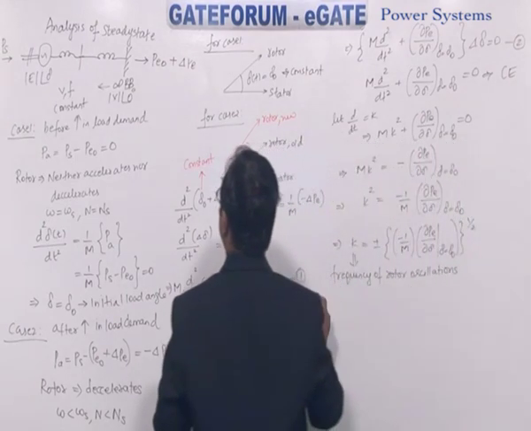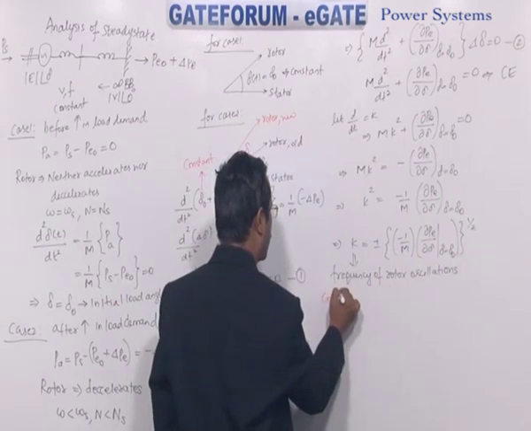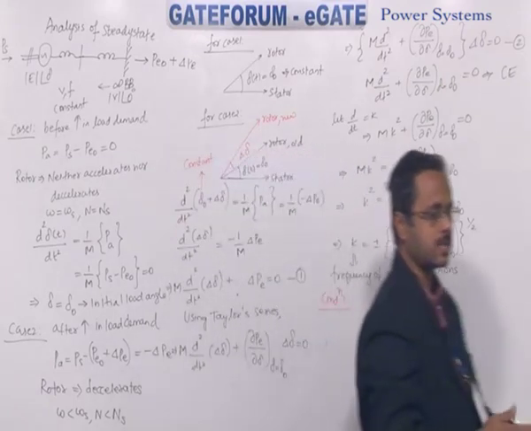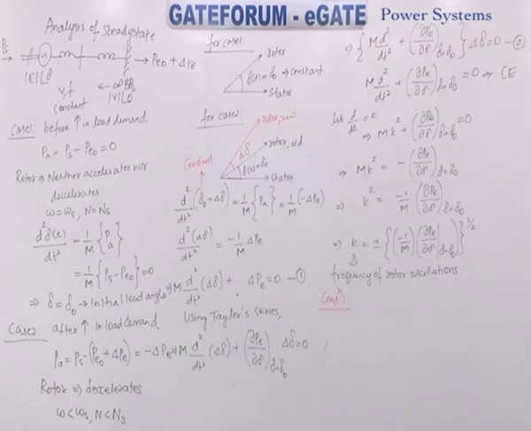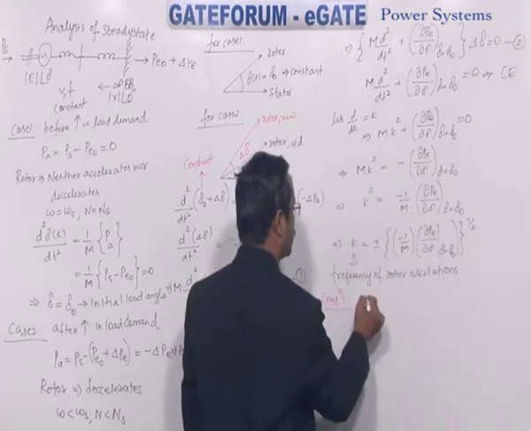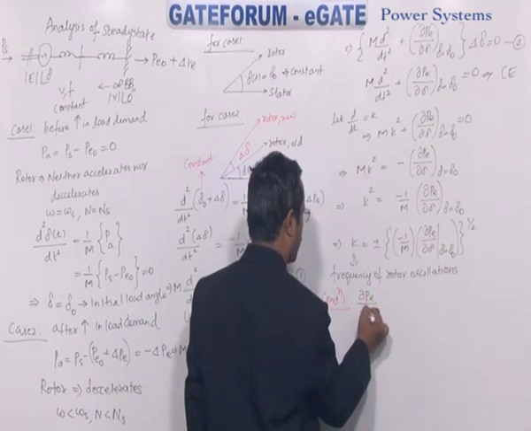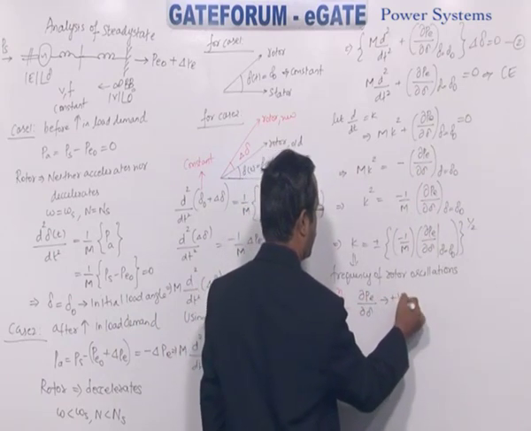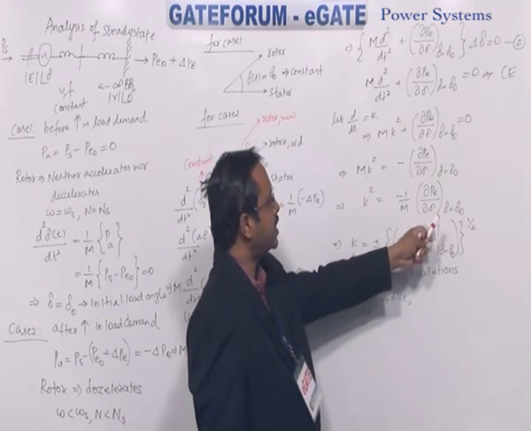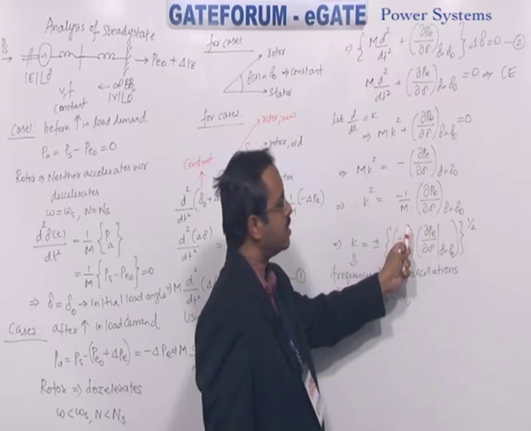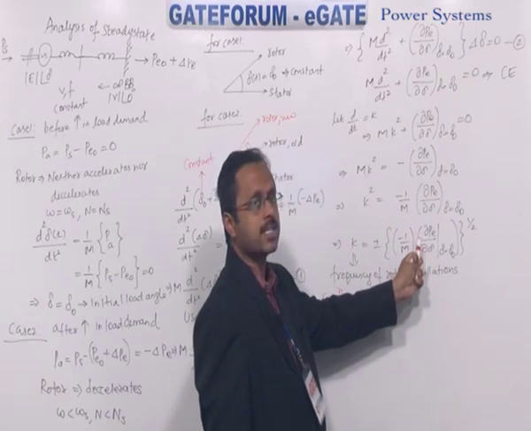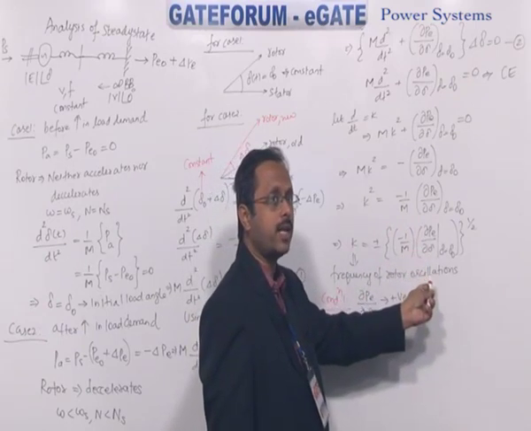Now you deal with different conditions. First condition you mention as ∂Pe/∂δ is positive. If it is positive, you are taking the square root of some negative terms. If you take the square root of some negative term, say minus 9, what is the square root of minus 9?